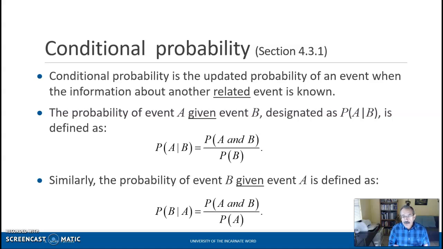Conditional probability is a probability that is updated once you know something about a related event. To give you an example, you may remember at the beginning of the COVID-19 problem that people kept on talking about the mortality rate. That is the probability of dying once you get COVID-19.